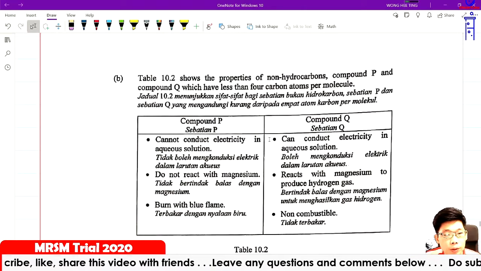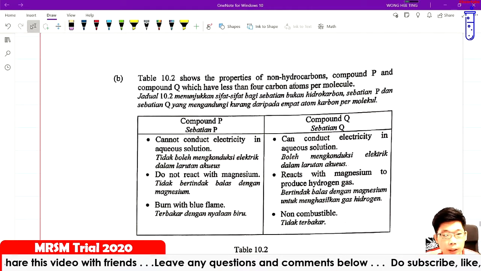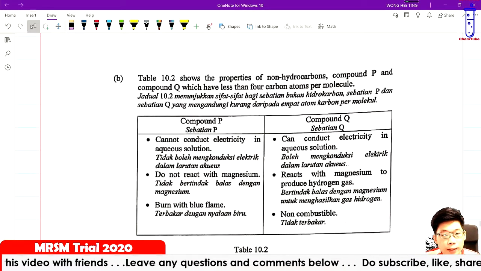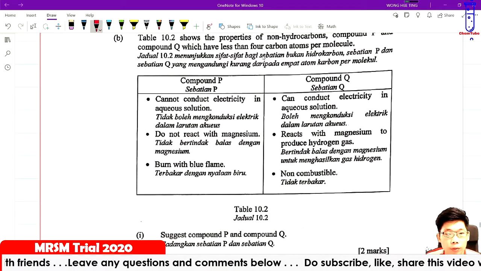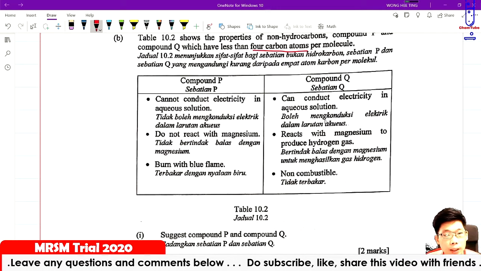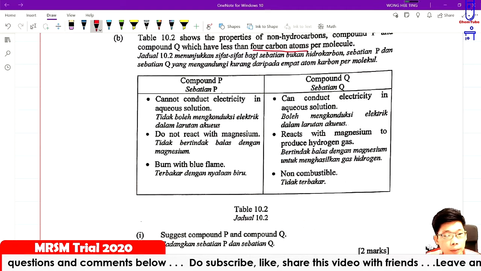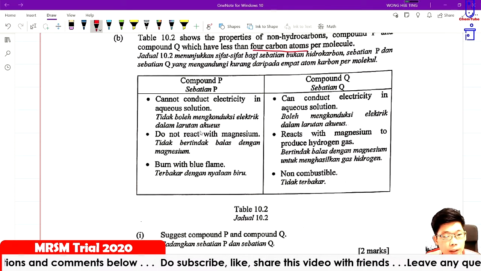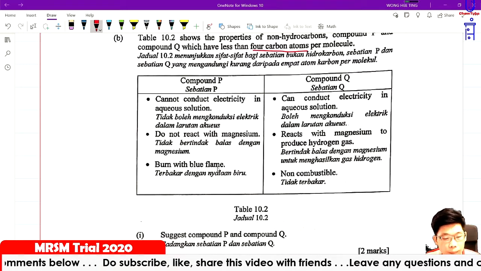The table shows the properties of non-hydrocarbon compounds P and Q, which have less than 4 carbon atoms per molecule. Compound P cannot conduct electricity, does not react with magnesium, and burns with a blue flame.